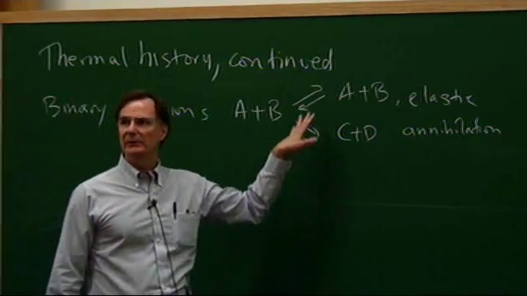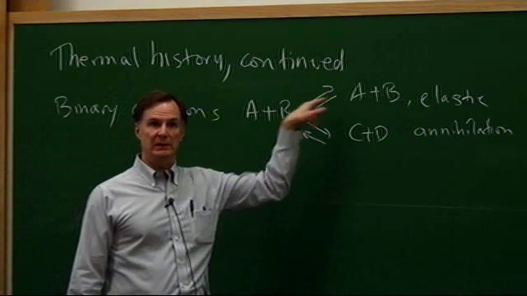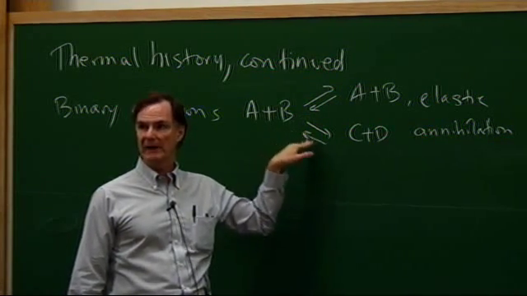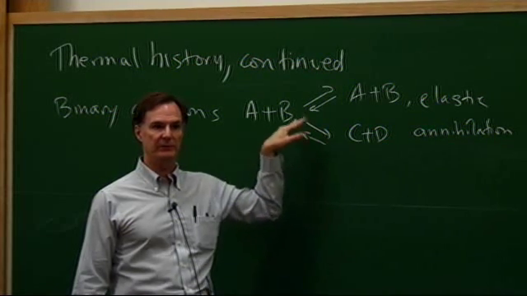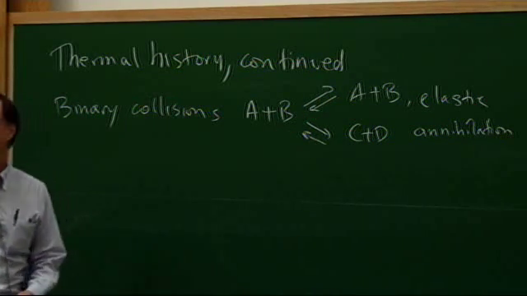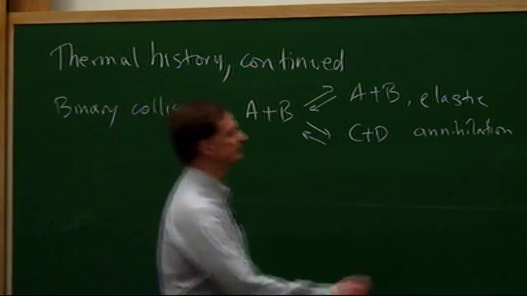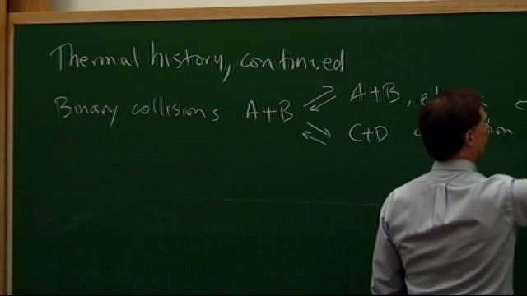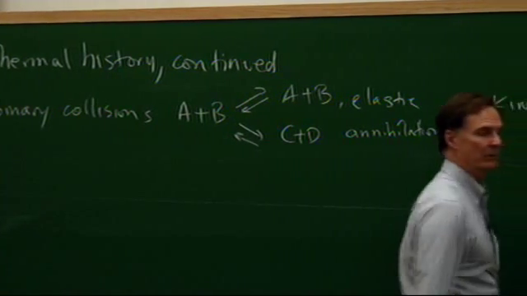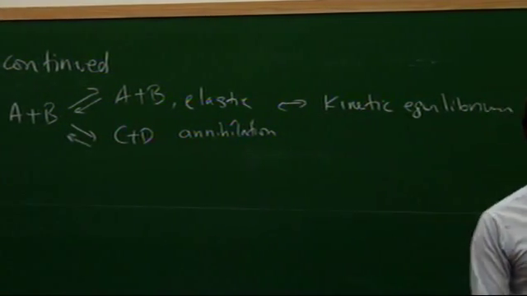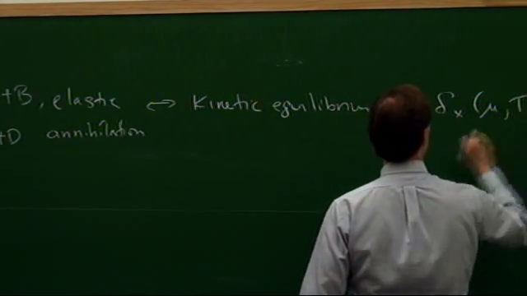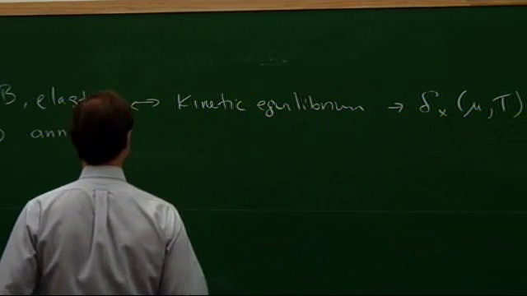I've drawn the reaction pathways both ways because in chemical equilibrium, the lower interactions occur in balance, equal rates, forward and reverse interactions. And in kinetic equilibrium, the upper reactions occur at equal rates. So this drives kinetic equilibrium, which means, you'll recall, that the particle distribution functions have the thermal form depending on a temperature and a chemical potential.